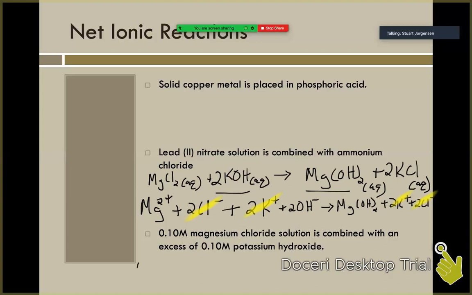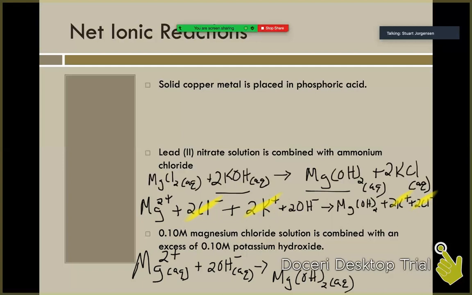We've got our Mg2 plus in solution, plus our 2 hydroxides in solution getting stuck together into our Mg(OH)2 solid. Here's just the important particles and what they're doing when we pour these 2 aqueous solutions together.